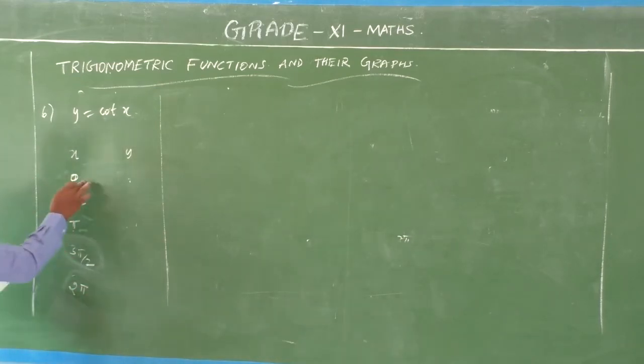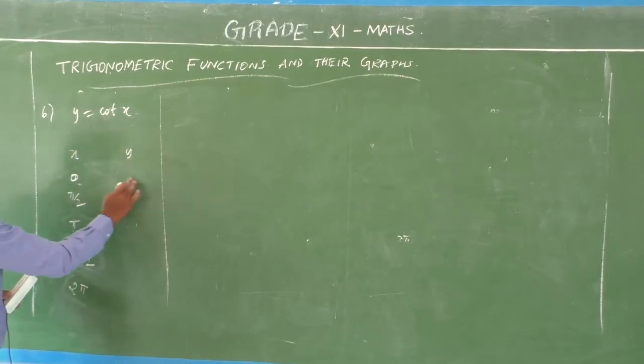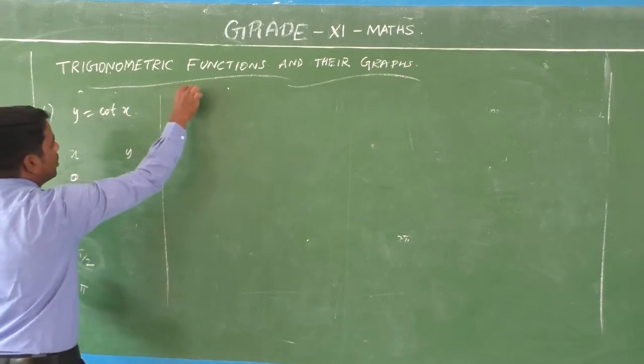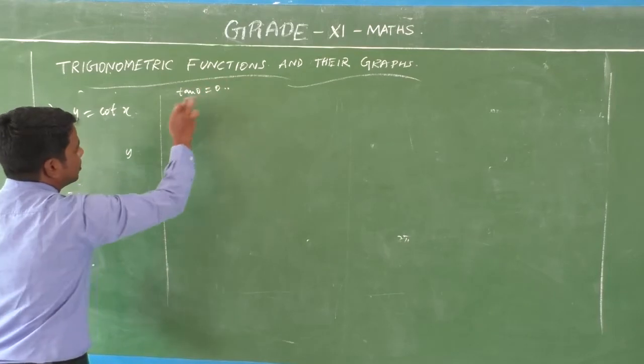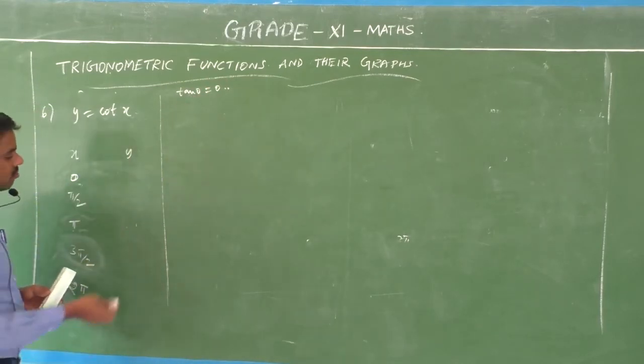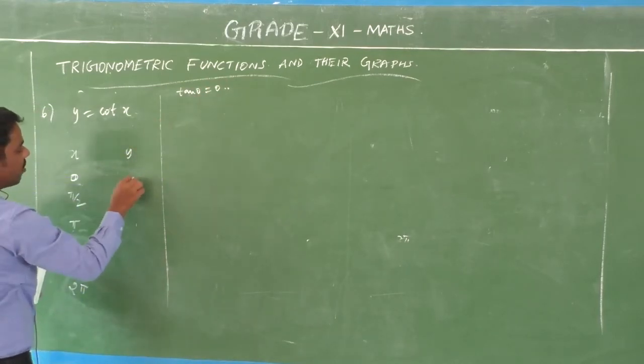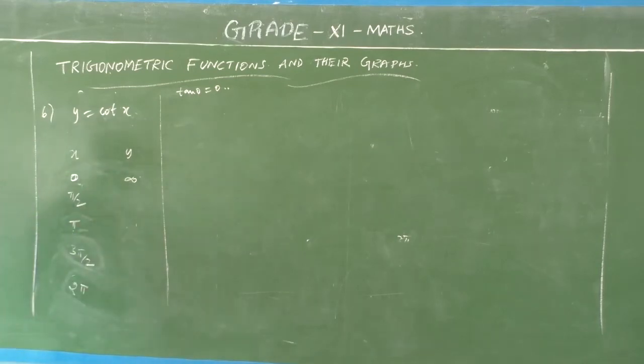For x equals 0, y is cot 0. You know tan 0 is 0. Then cot 0, the reciprocal of 0, is infinite. That is not defined. Okay.